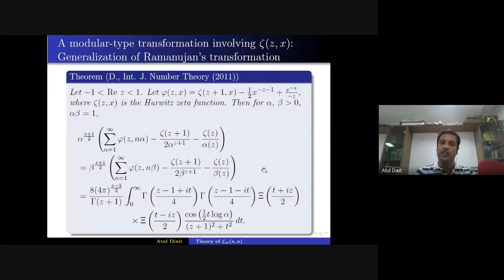So this is one result which I found, and this will keep on coming in the next part of the talk, but I would not say anything more about this formula now.